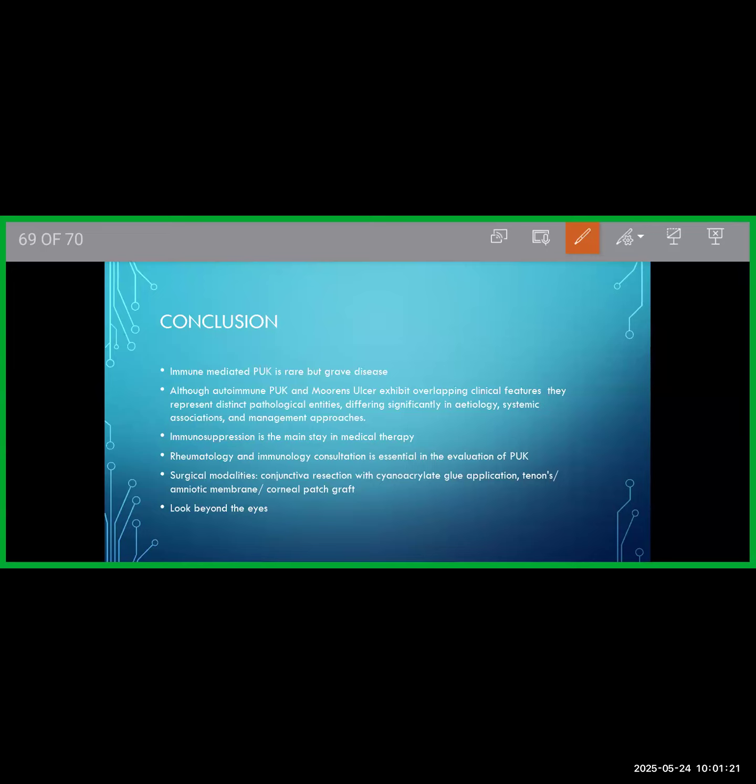Because for Mooren's ulcer, basically the conjunctiva is quiet, except when we have bacterial superinfection. So once there is conjunctival hyperemia and there is ulceration, then our mind should go towards PUK rather than Mooren's.